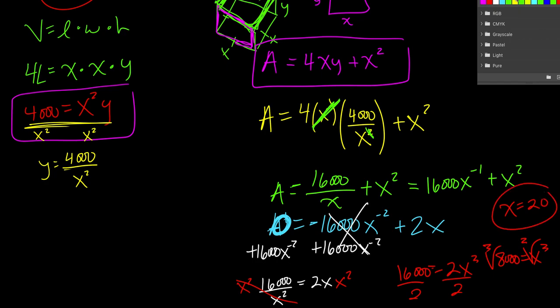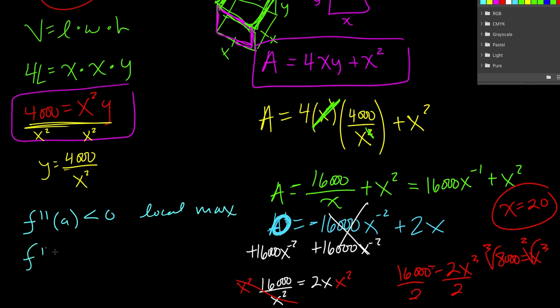Okay, now we need to determine if that's a maxima or minima. And there's something we didn't talk about in the last video, but instead of doing a sign diagram or something like that to determine this, if you go in your book and you look at page 352 at the bottom, it states if our second derivative at a specific point is less than 0, then that's a local max.